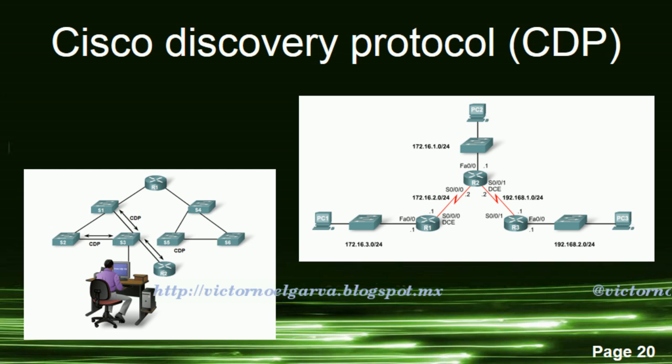By default, each Cisco device sends periodic messages, which are known as CDP advertisements, to directly connected Cisco devices. These advertisements contain information such as the types of devices that are connected, the router interfaces they are connected to, the interfaces used to make the connections, and the model numbers of the devices.